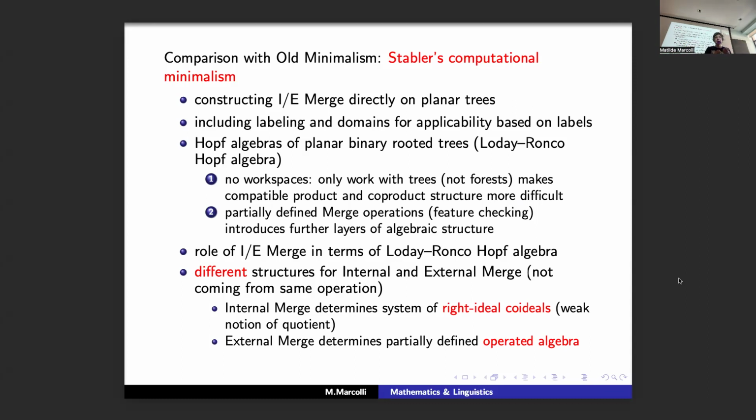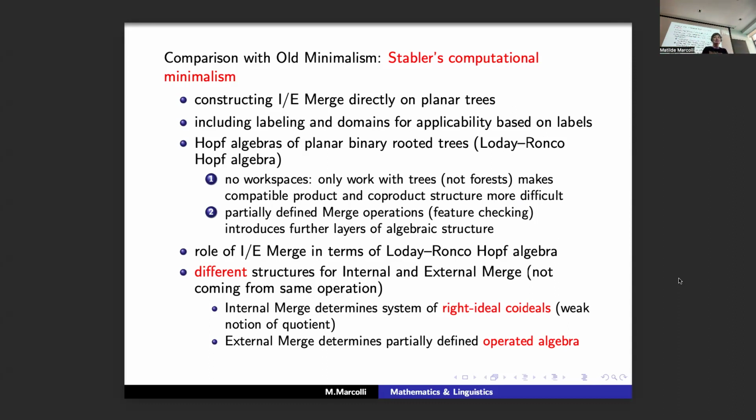As we'll see, workspaces have a very natural and simple algebra structure, where the product is just putting things together into a workspace. When you're trying to only work with trees, the product and coproduct, you're forced to always stack things together into a tree.